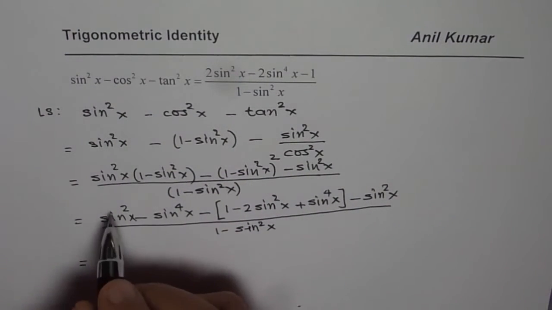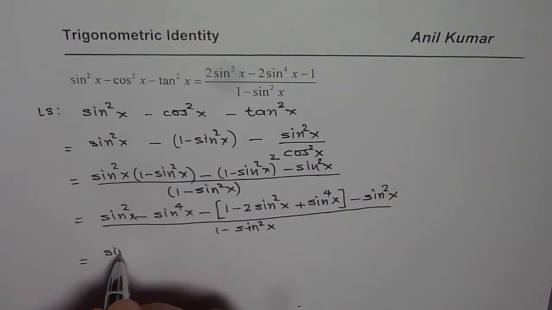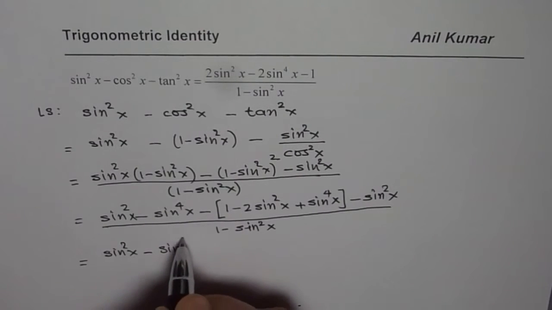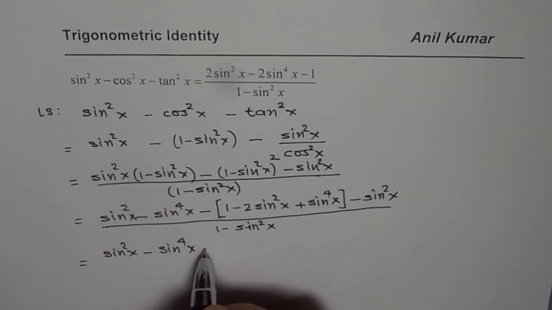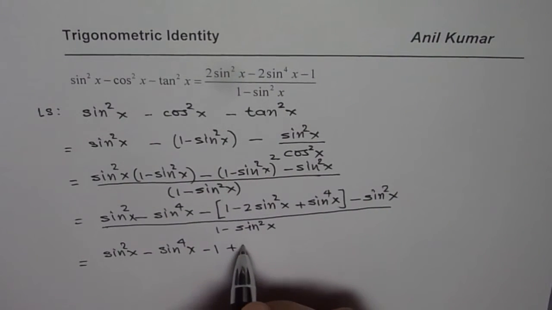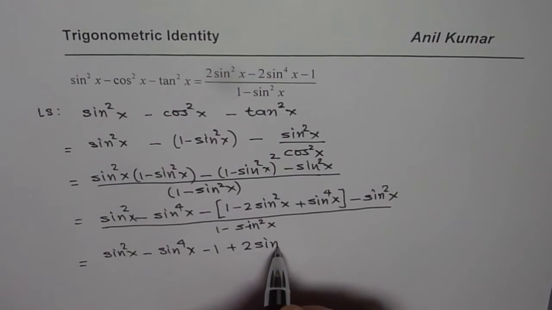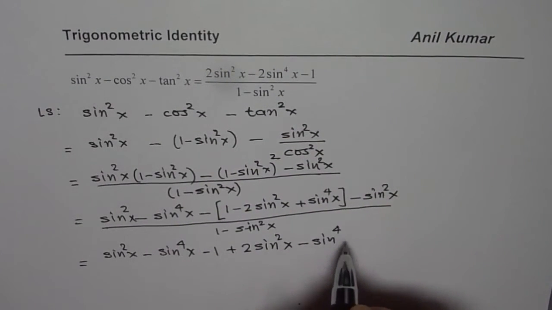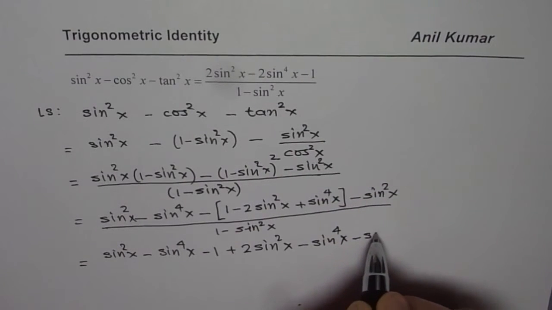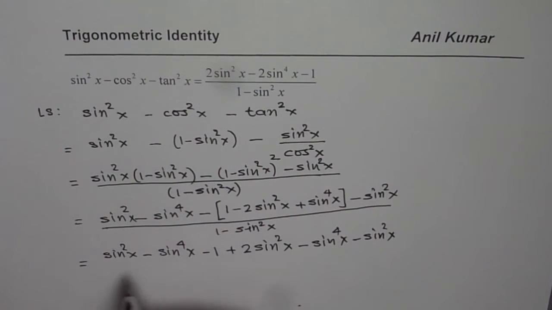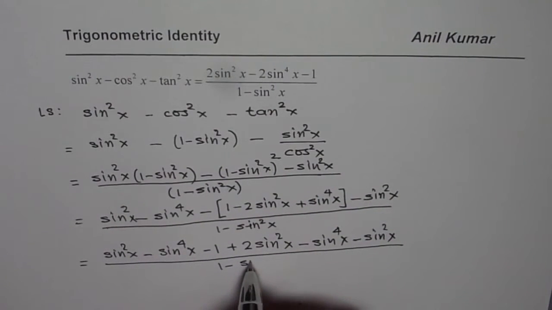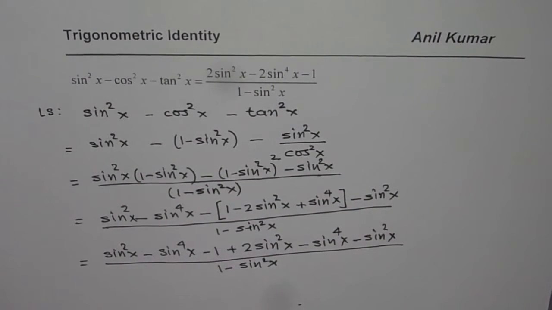Now we have sin square x minus sin to the power of 4x, open the brackets, we get minus 1 plus 2 sin square x minus sin to the power of 4x, and we have minus sin square x, is it okay, divided by 1 minus sin square x.